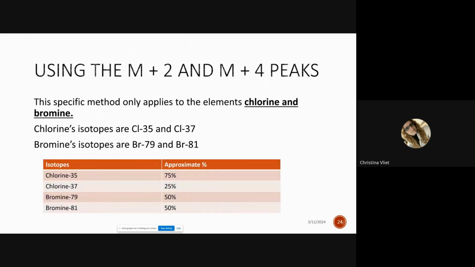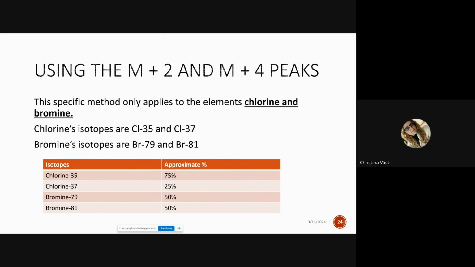Okay, just because I need to get to the other part of today's lesson, I'm going to skip the last practice question, but I have to teach you this because it's the last part of that lesson. There's an idea of using the M+2 and M+4 peaks. The M peak is the molecular ion, just to review, and that gives you the molar mass.